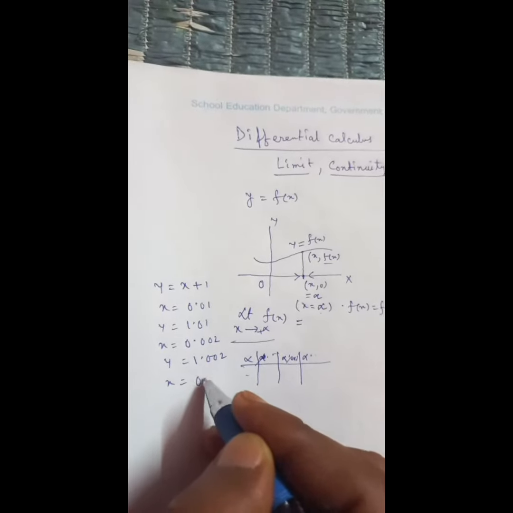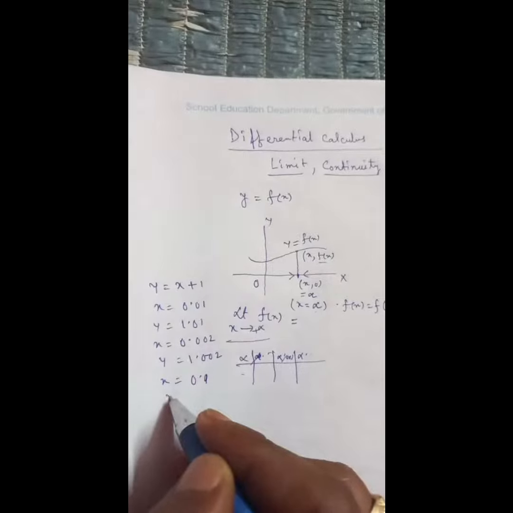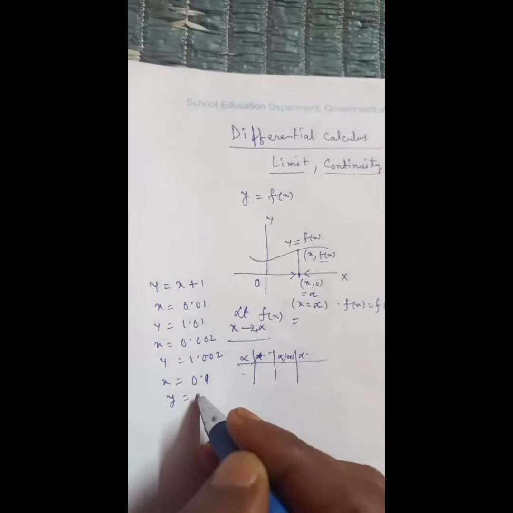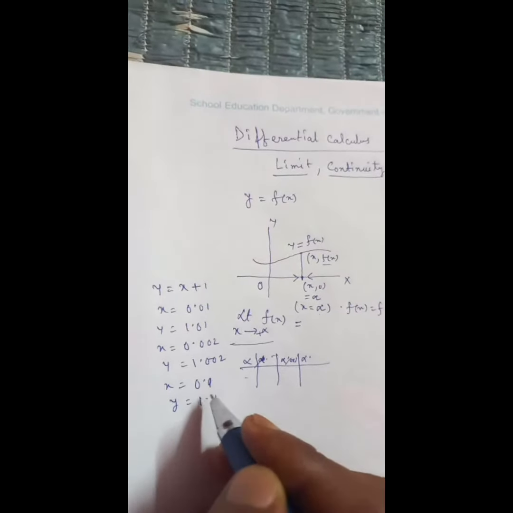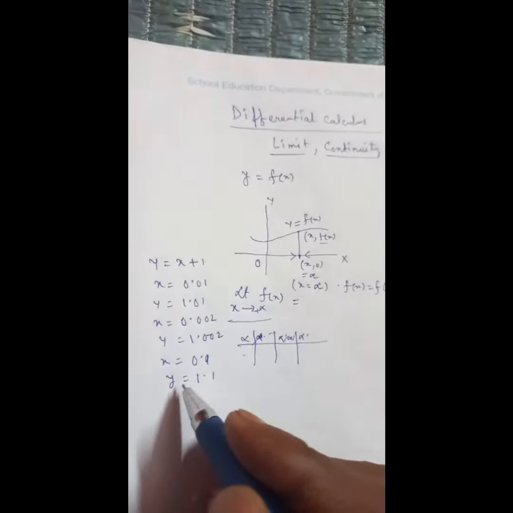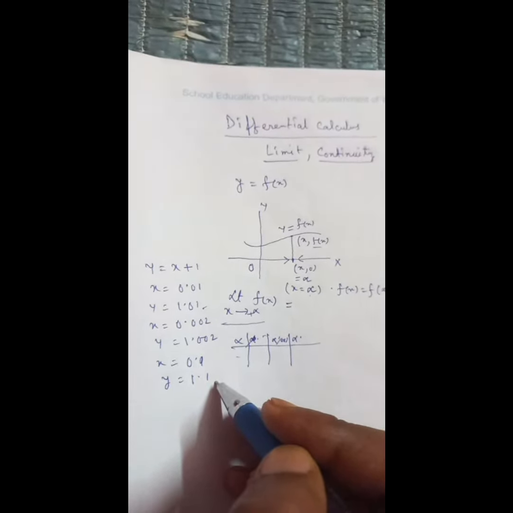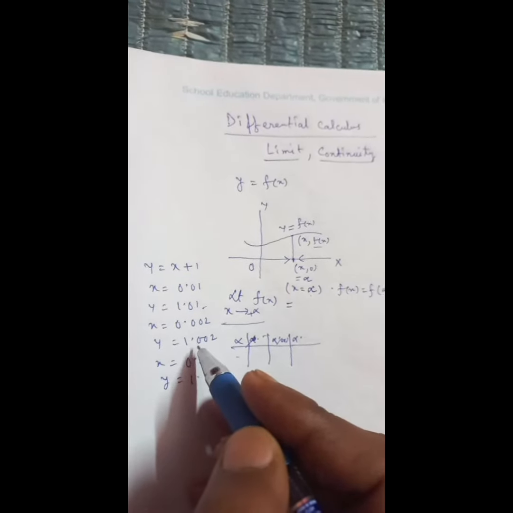In this way, if we take x equal to 0.1, then y will be 1.1. So we can take many values in such a way. If we put these, then we will get the value at the point x equal to 0.